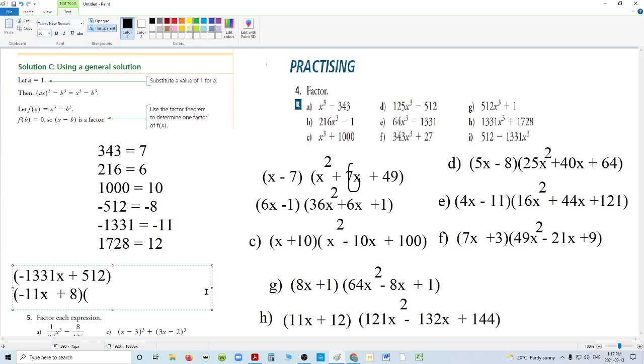Then I just simply square the first term, multiply the two together, and because there's a plus there, not a minus, I'm putting a minus. But when I multiply 8 times negative 11, I get negative 88, and it becomes a plus again. And then 8 squared is 64. Now, you might think that screws it all up, but it doesn't. You can reverse the terms and get the same answer.